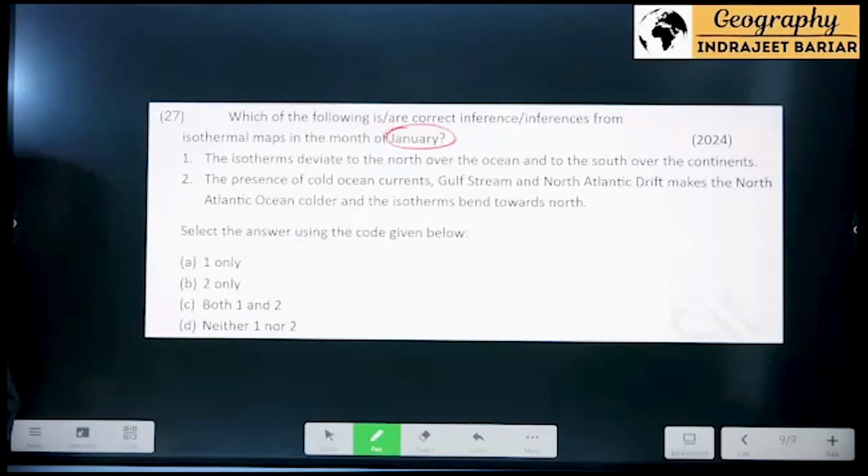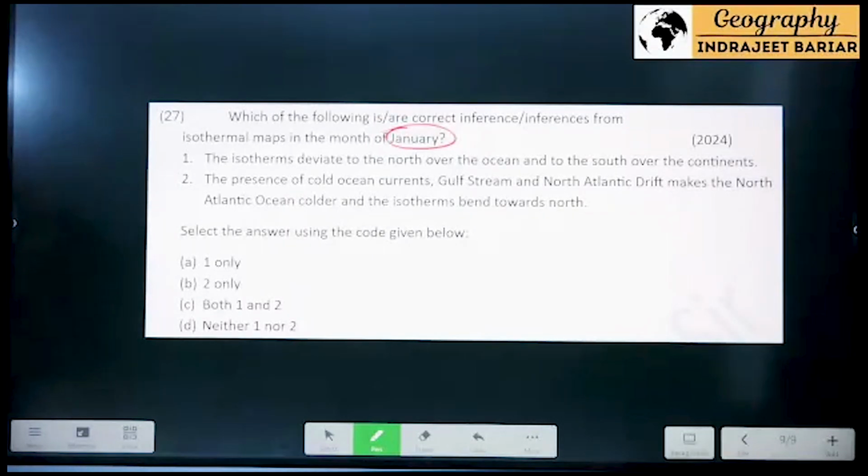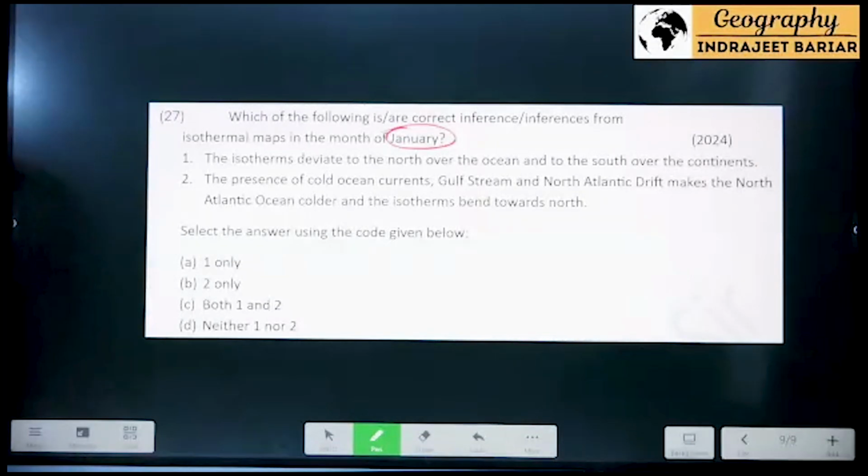Everyone try to figure out. That's the purpose of the class, that everyone should get it. This is not a general class. Take your time. Try to figure out the answer. Gulf Stream is a warm ocean current. As of now, don't explain anything. Just the answer. If you have found the answer, just type the option in the chat box so that I can see.